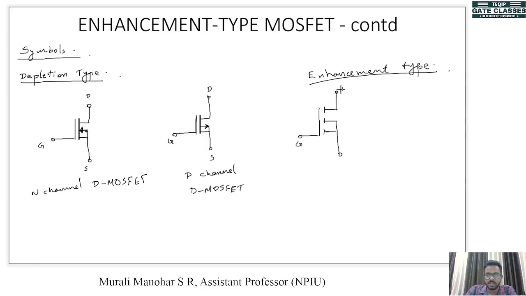This is the gate, drain and source, and if the arrow is going in, this is N channel E MOSFET, E for enhancement. If the arrow is going out, that means it is P channel enhancement type MOSFET. So these are different kinds of MOSFETs, their characteristics and operation.